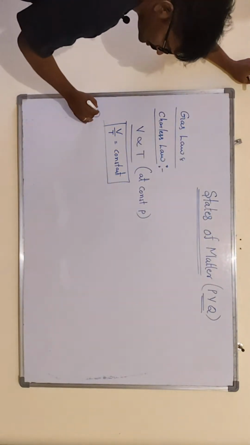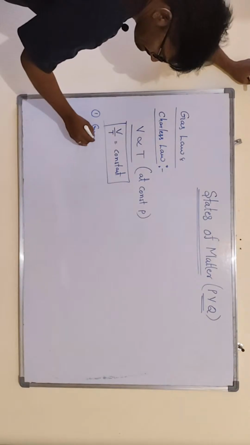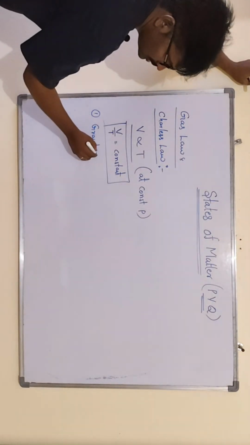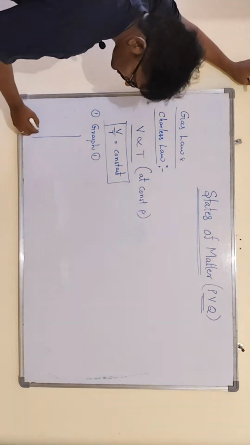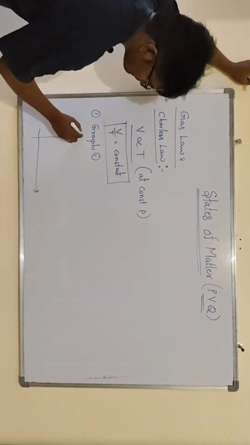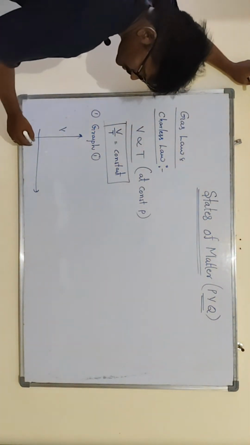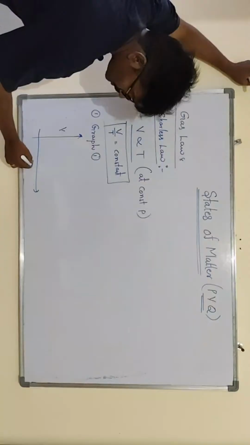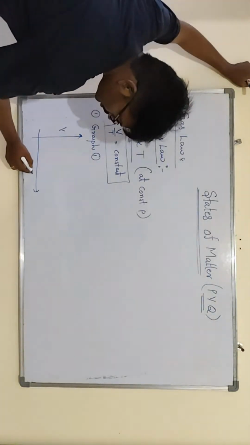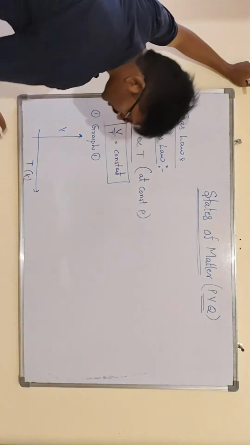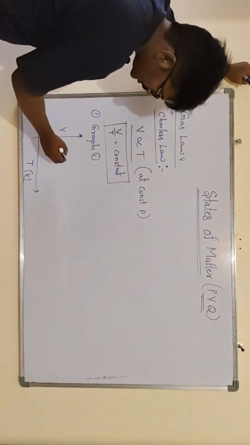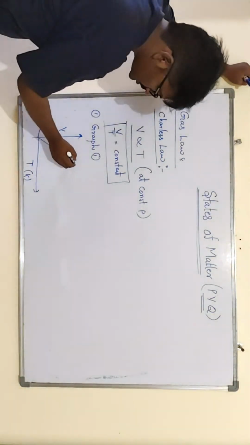Graph 1 is volume versus absolute temperature, which is the Kelvin temperature here. We get lines at constant pressure.